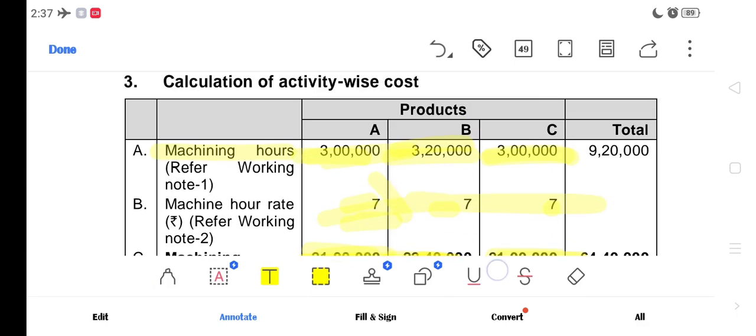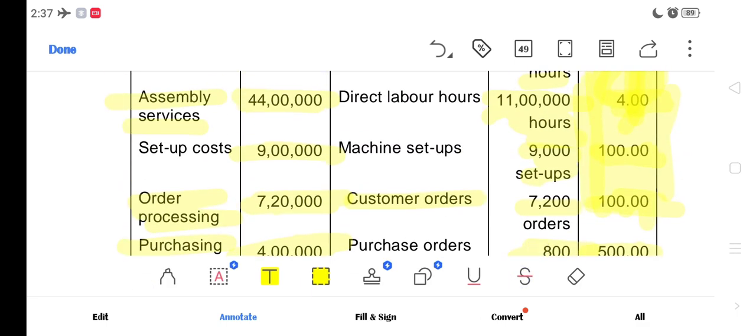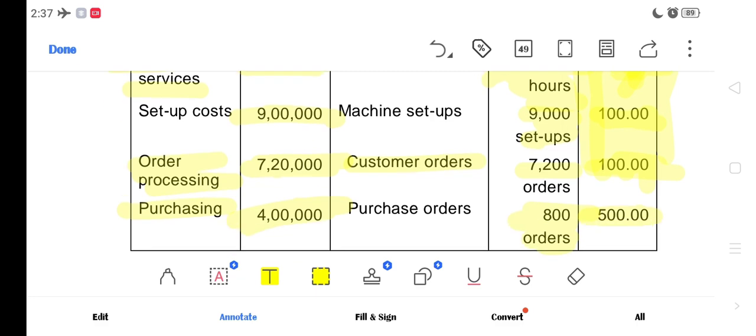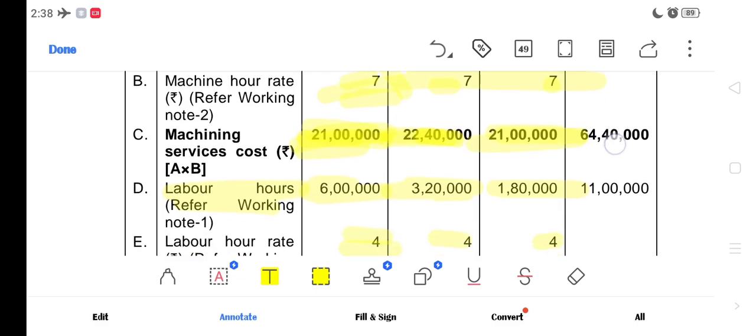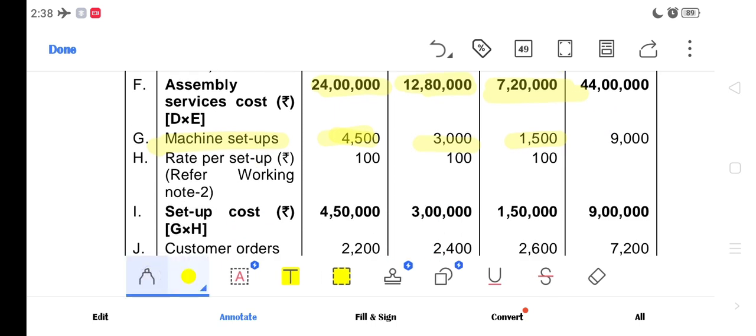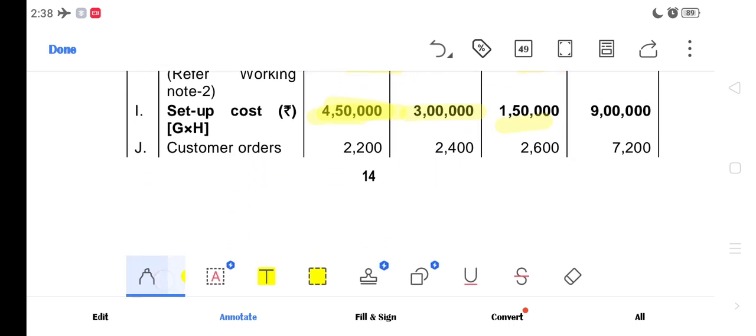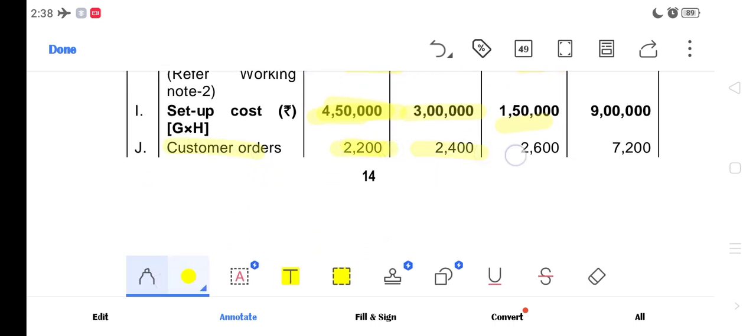Per setup rate how much is it? 100 rupees, and order processing 100 and purchasing it is 500 rupees. These driver rates you have to take, right? So how many machine setups? 4,500, per setup it is 100, so setup cost is 4 lakh 50. You do the same with product B and C, and the customer orders 2,200, 2,400, 2,600. This is taken from the table. Okay.